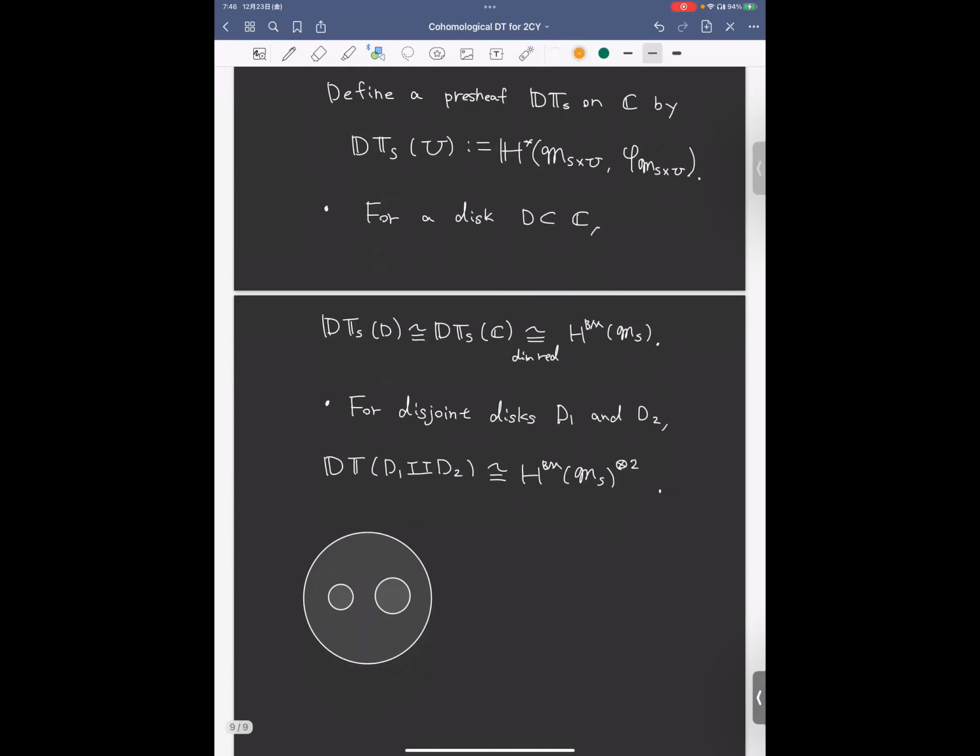Name the large open disk D, and name the small open disks D1 and D2, and we consider the following restriction morphism: DT_S of D to DT_S of D1 disjoint union with D2. Oh, sorry, point in white color.